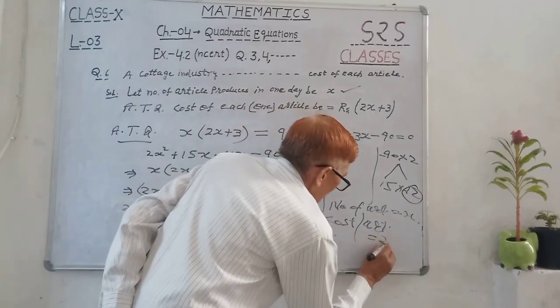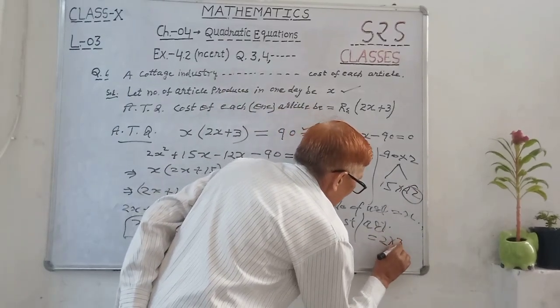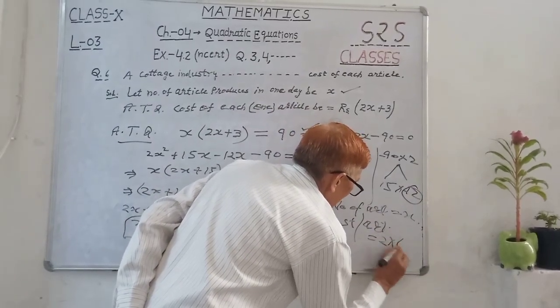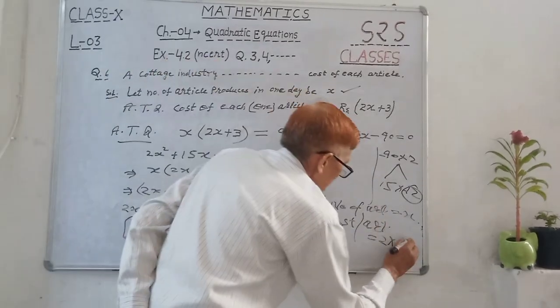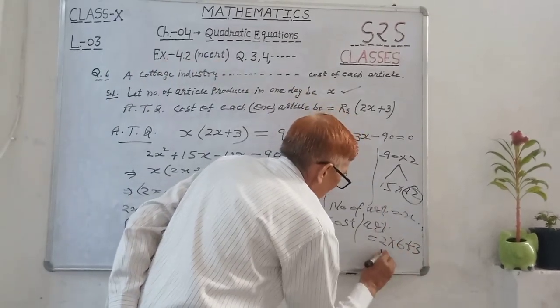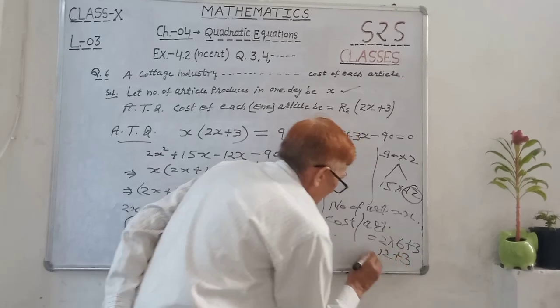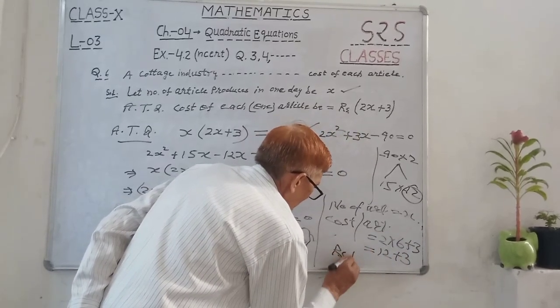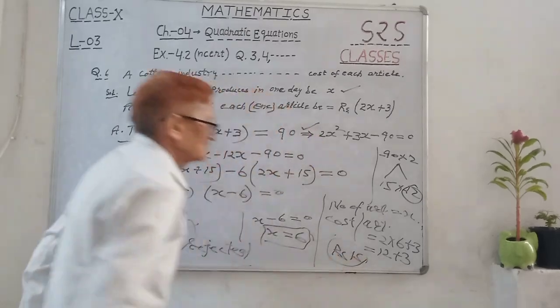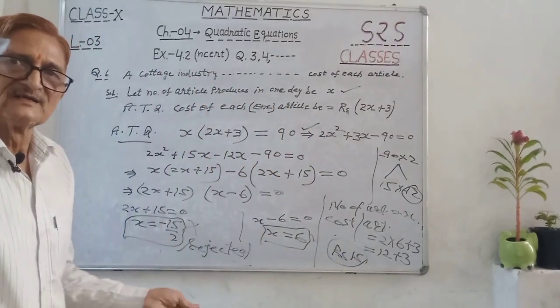Since x is 6, 2 into 6 plus 3, so 12 plus 3 means 15. Rupees 15 is the cost of one article.